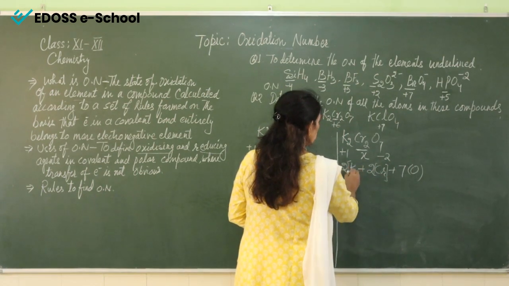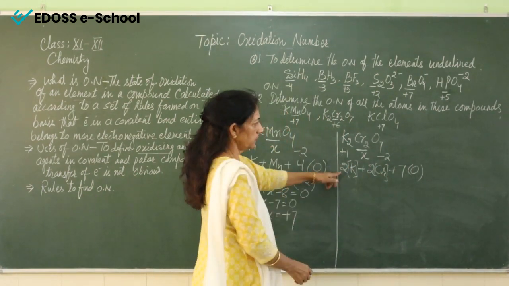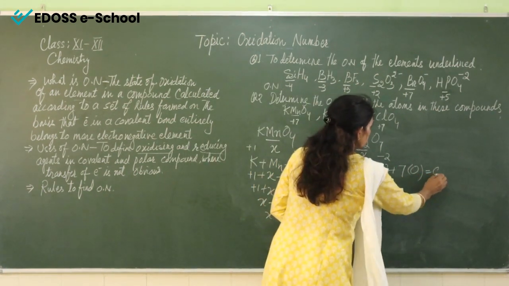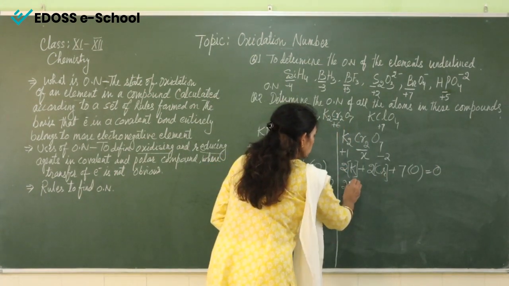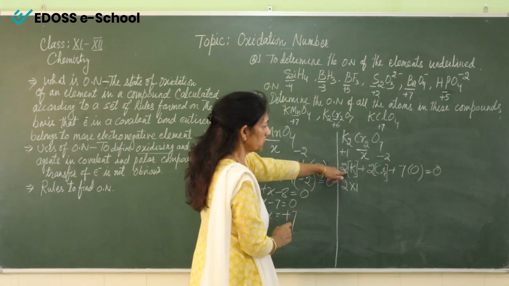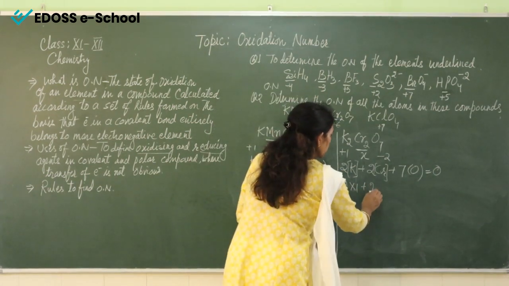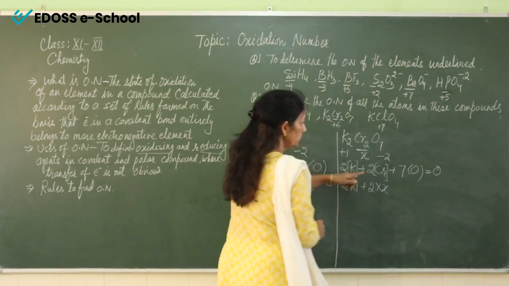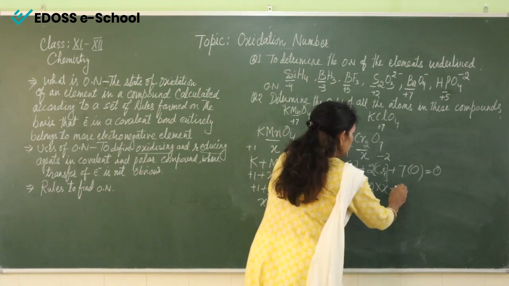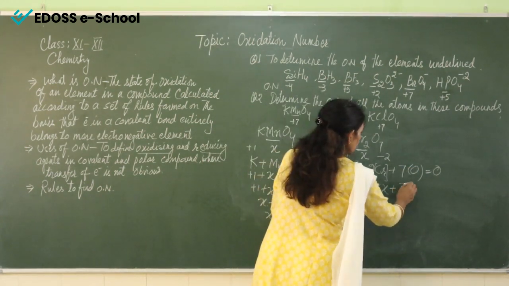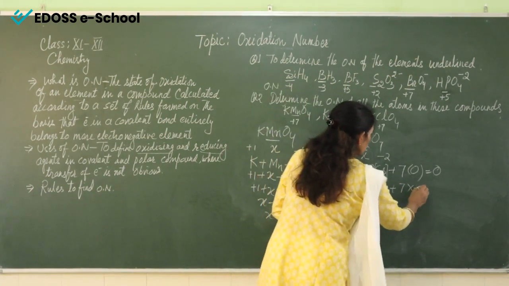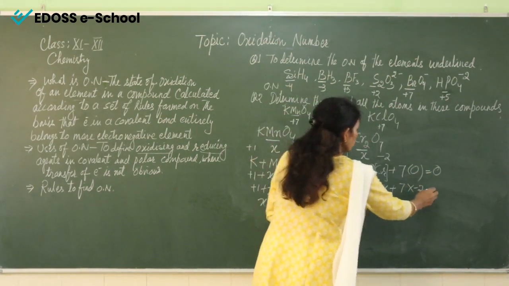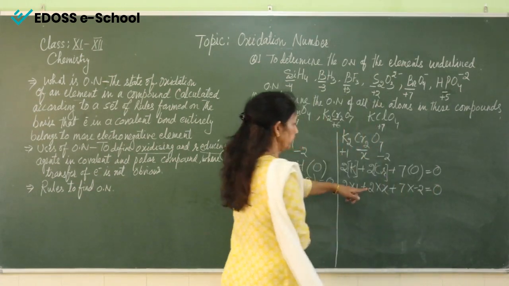You can put it in a bracket. This should be equal to 0. Now we will put the oxidation numbers. So 2 into 1, this is of potassium, 2 into x, this is of chromium, and oxygen is 7 into -2, so this is equal to 0.